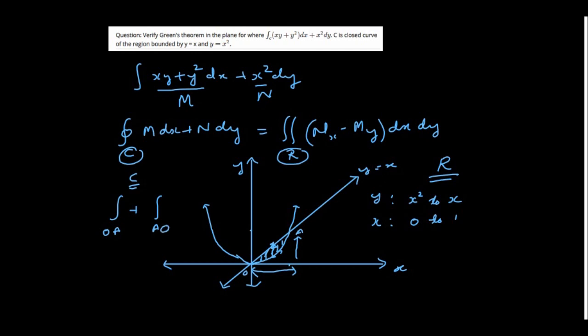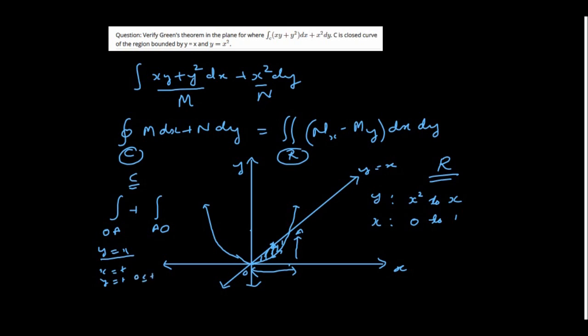To find the line integral, you have to go for the parameterization of the curves. For the curve y equal to x, you can take the parameterization as x equal to t and y equal to t, and t varies from 0 to 1.